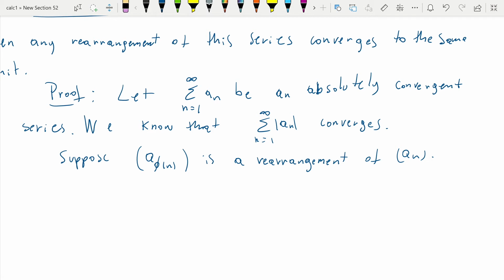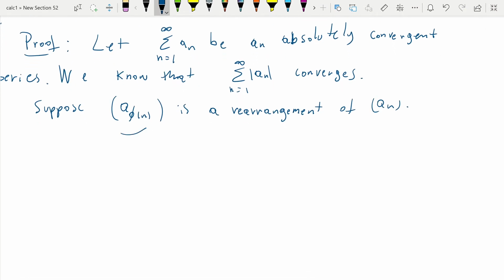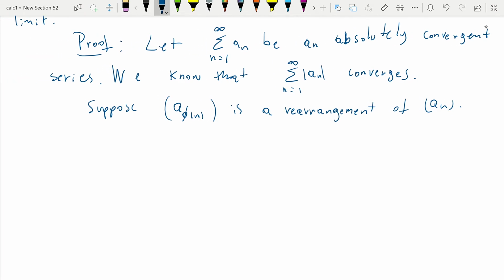Every term here will appear here, just in a different order, and it will appear only once. So phi is a function from N to N, which is a bijection. So we have a rearrangement of the original sequence. And what we do know is then that, suppose that we have n equals 1, 2, up to a certain n.